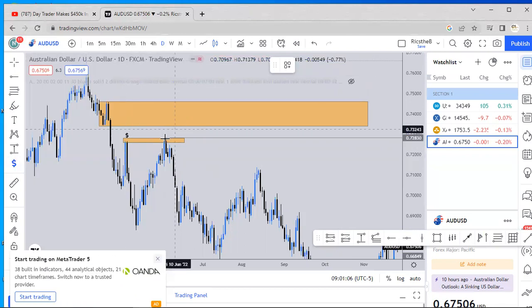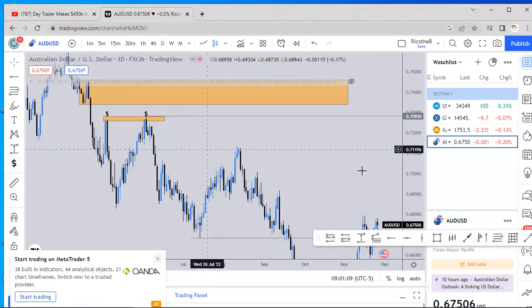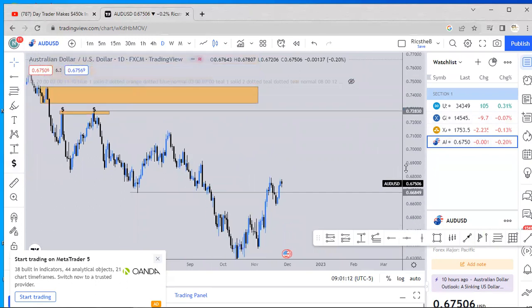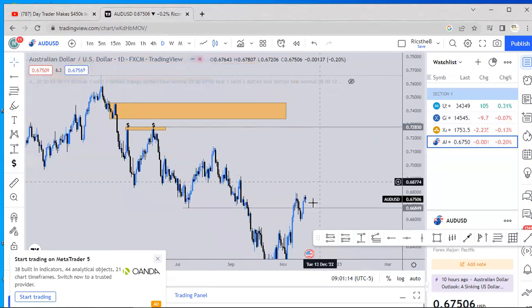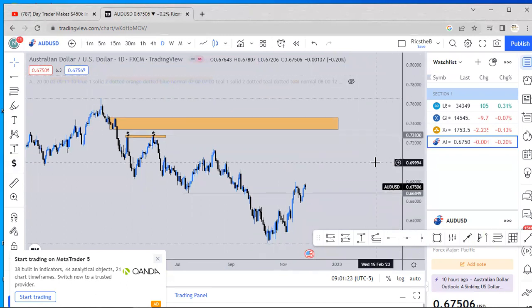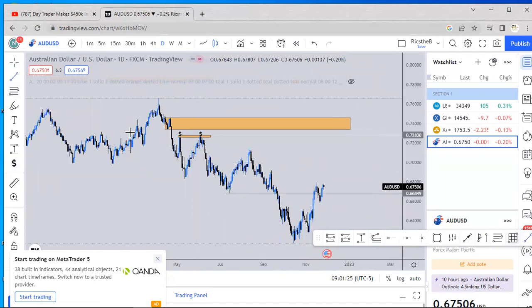So that simply means we have our external range liquidity over there, and eventually, it doesn't have to be today, it doesn't have to be tomorrow, but eventually this fresh supply area has to be mitigated. So eventually we'll see price push all the way up, and as you can see, price is creating more liquidity using this trend line. I don't know if I've drawn it correctly, but using this trend line, you can still see price creating more liquidity.